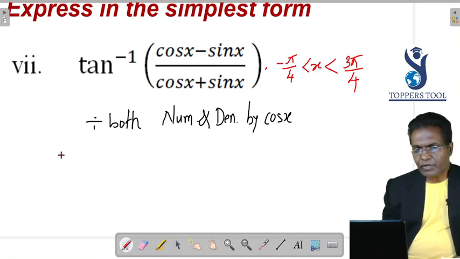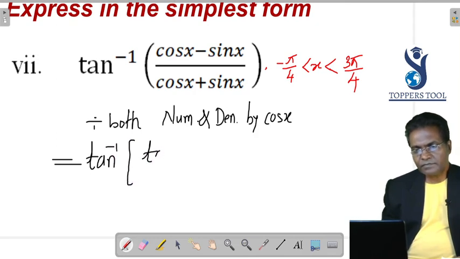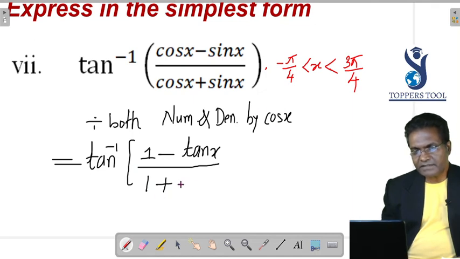Okay, why it is doing, you will come to know. This is tan inverse of, cos by cos means 1 you will get. If you divide cos x by cos x, you will get 1, and sin x by cos x is tan x; cos x by cos x is 1, sin x by cos x is tan x you will get.